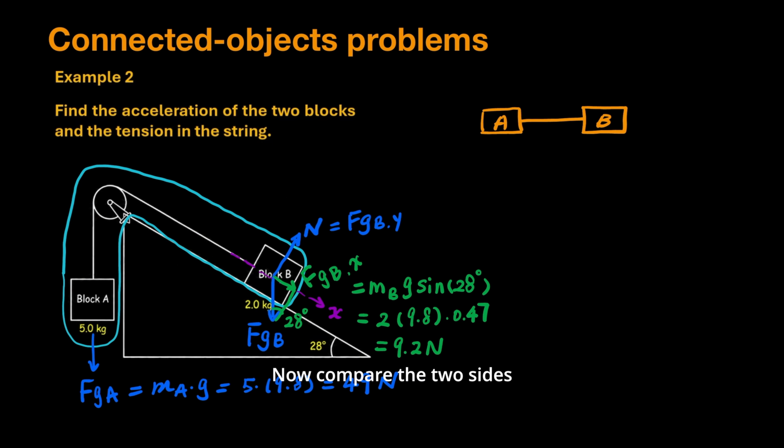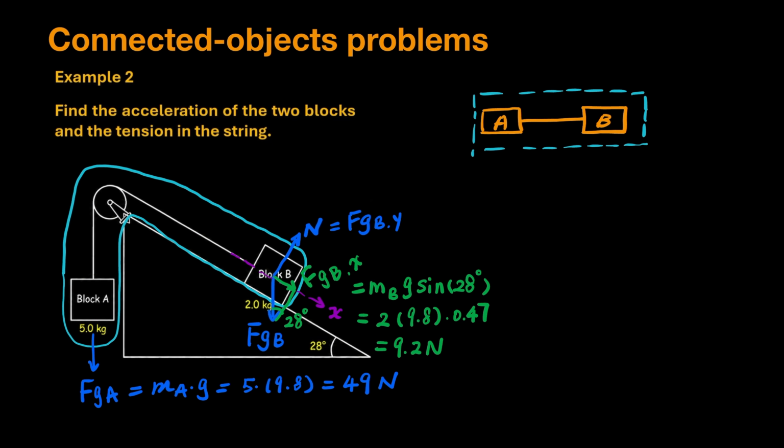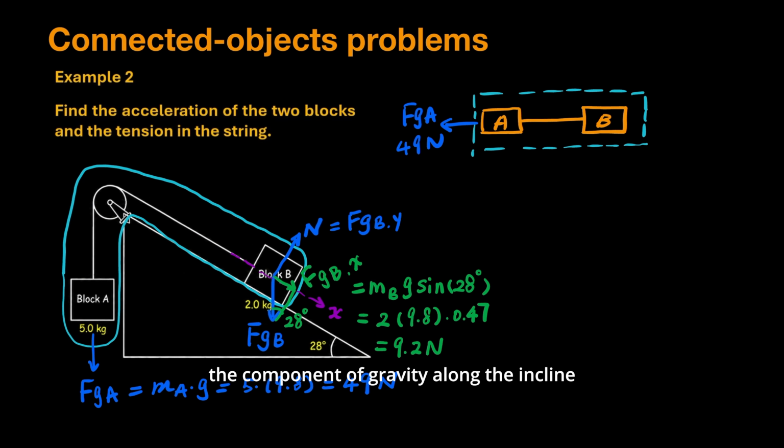Now compare the two sides. It's almost like a tug of war. On the block A side, gravity pulls one way with 49 Newtons. On the block B side, the component of gravity along the incline pulls the other way with about 9.2 Newtons.